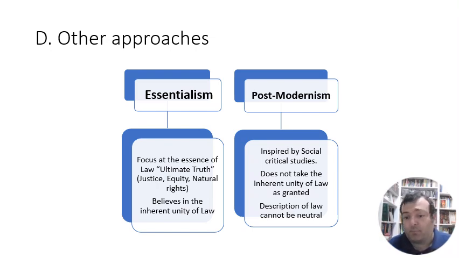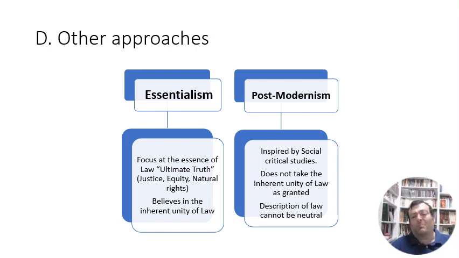So these were the main approaches. I can mention at the end two other alternative approaches, which is essentialist. Essentialist comparatist, this is an old school. They focused mostly on the higher moral principles, so they are linked to studies of natural law, and equity, justice, etc. Postmodernist is inspired by social critical studies.